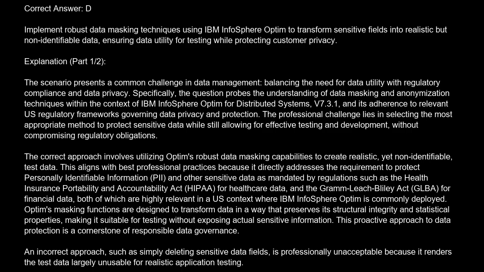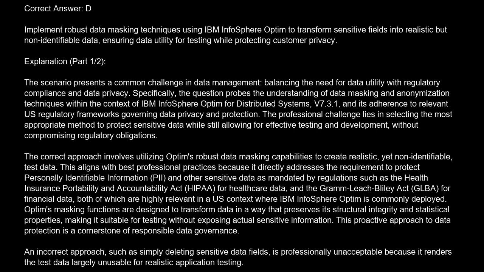The professional challenge lies in selecting the most appropriate method to protect sensitive data while still allowing for effective testing and development without compromising regulatory obligations. The correct approach involves utilizing Optim's robust data masking capabilities to create realistic, yet non-identifiable, test data.